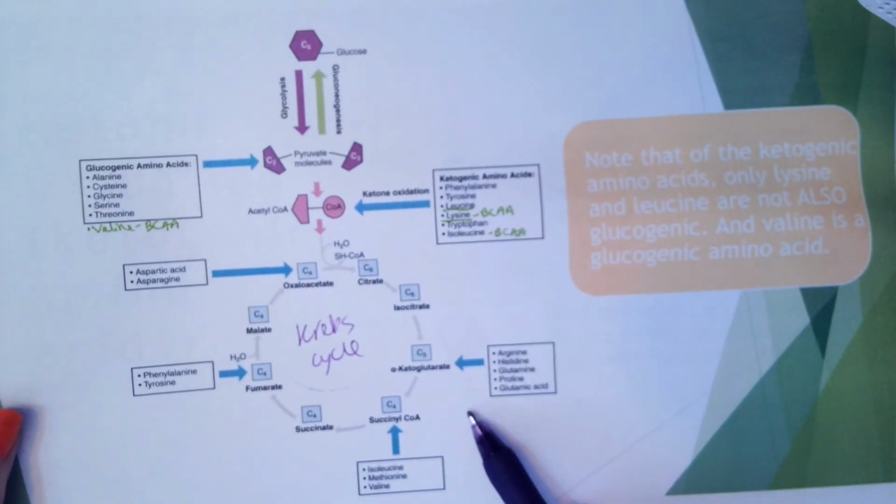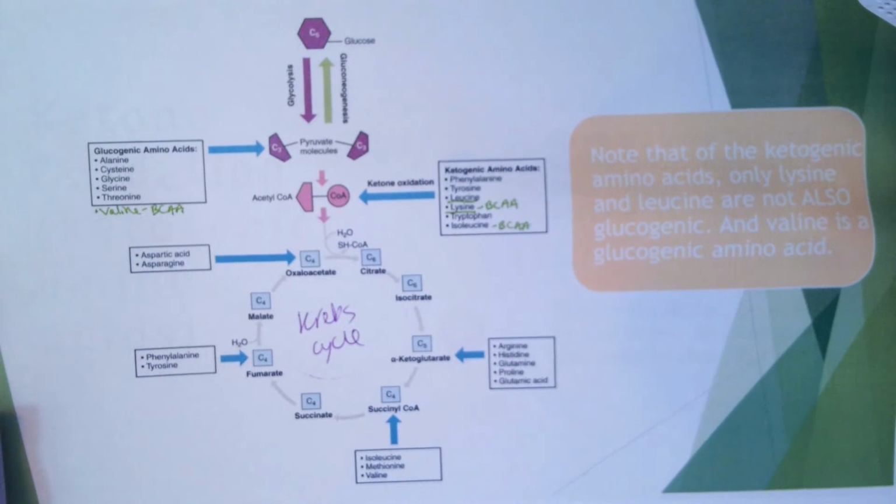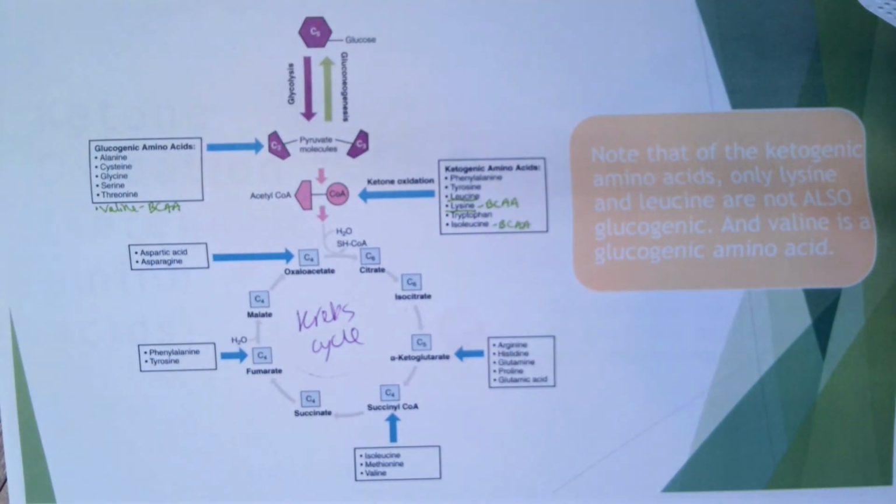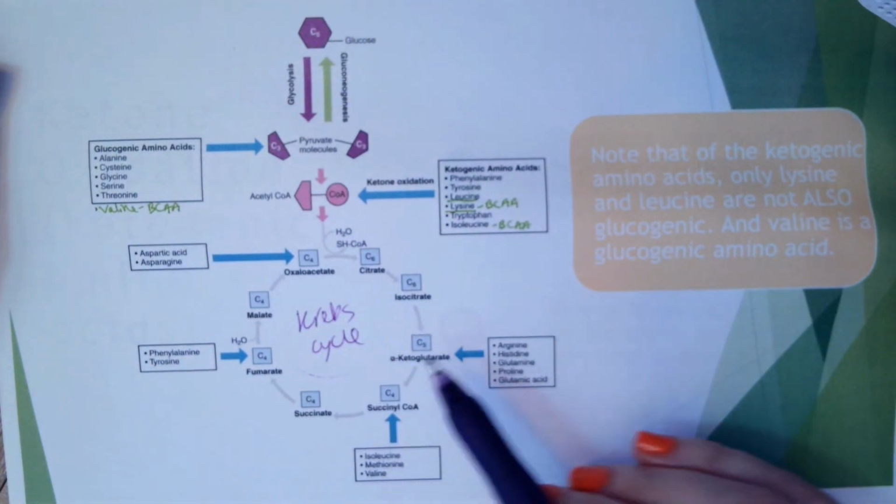Again, this is not for memorization. This is for simply seeing and being able to notice where these amino acids go into the actual Krebs cycle.